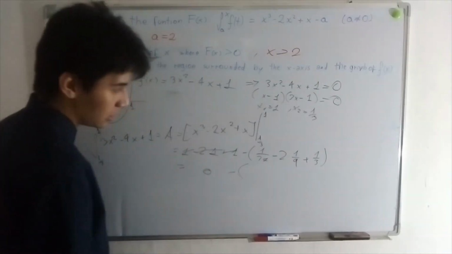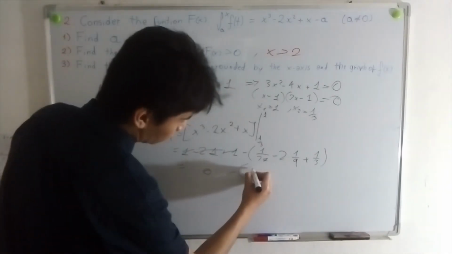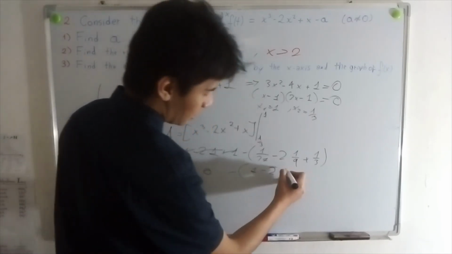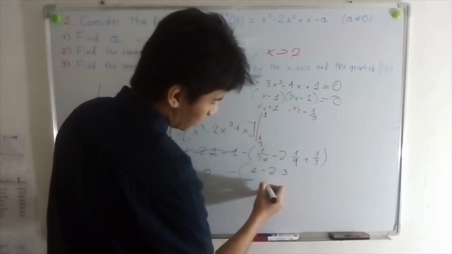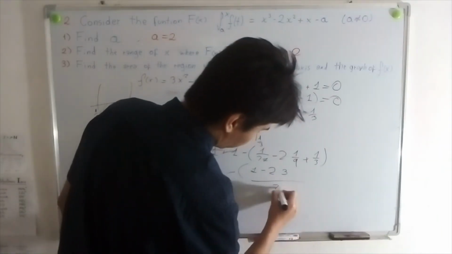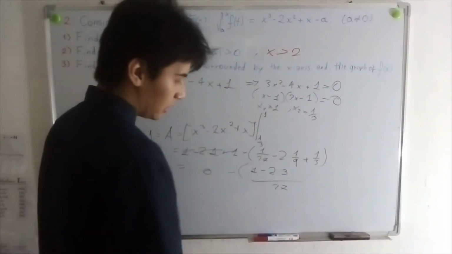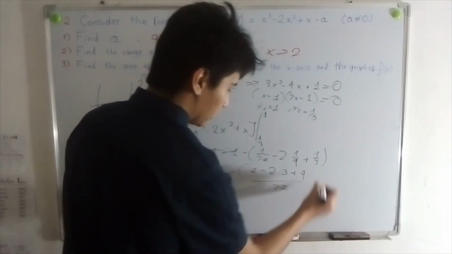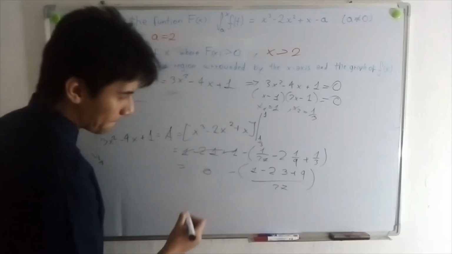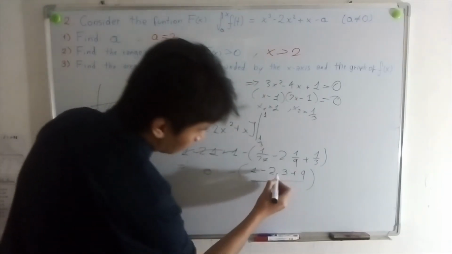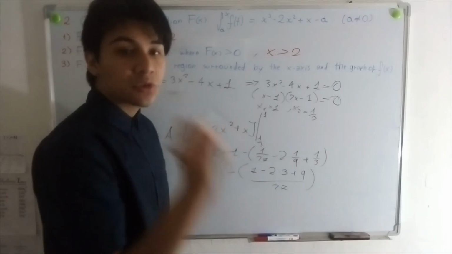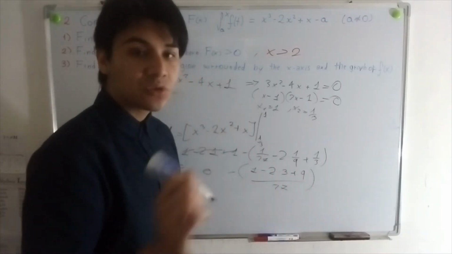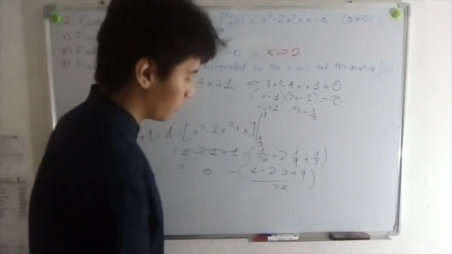Minus, 1 divided by 27, minus 2 times 3 divided by 27, plus 9 divided by 27. 2 times 3 is 6, and 9 minus 6 is 3, plus 1 is 4.